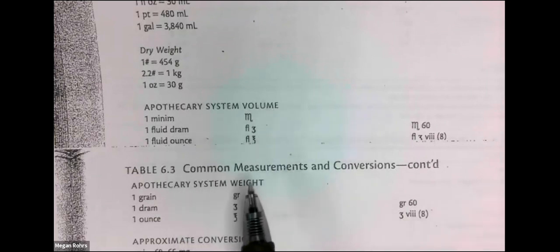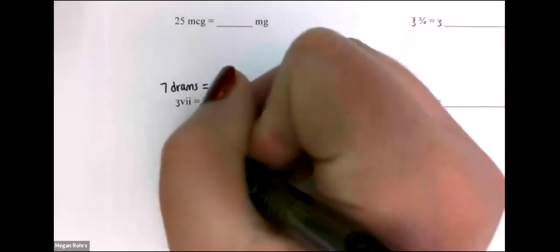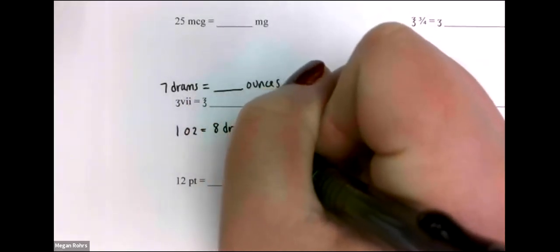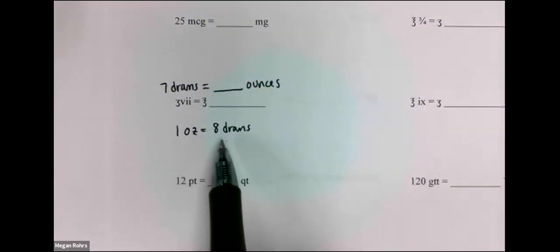If we're looking at weight, that's when we use our regular ounces. So either way, 1 ounce is equal to 8 drams. And if it helps you, by all means, write that out in English. So 1 ounce equals 8 drams. That's our conversion factor.